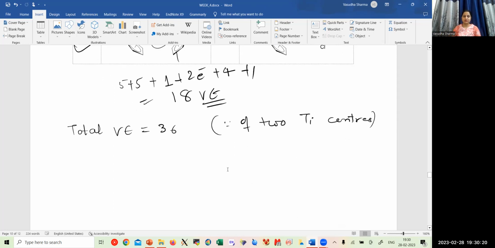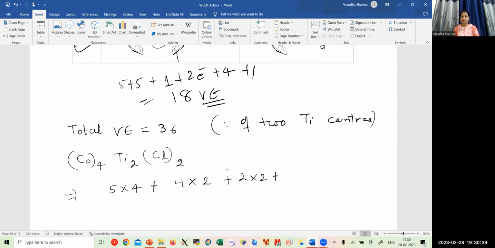So if we consider this as Cp4Ti2Cl2, Cp4 is 5 into 4, plus titanium is 4 into 2, plus Cl2, where if it is bridging, we consider 3 electrons. Bridging Cl is 3 electron, whereas terminal is 1. The total is 36, and x is the number of electrons for making a bond.